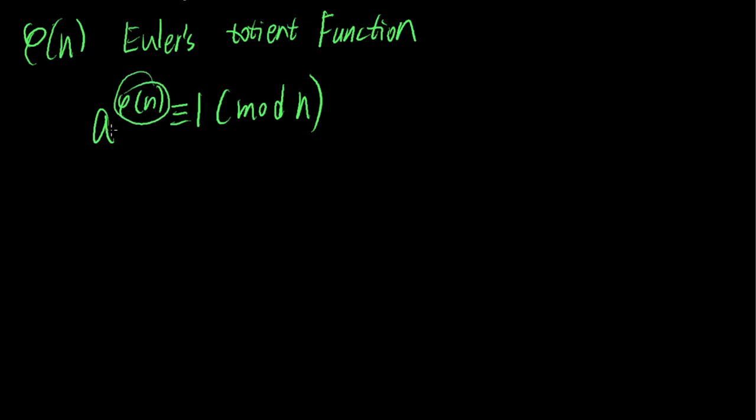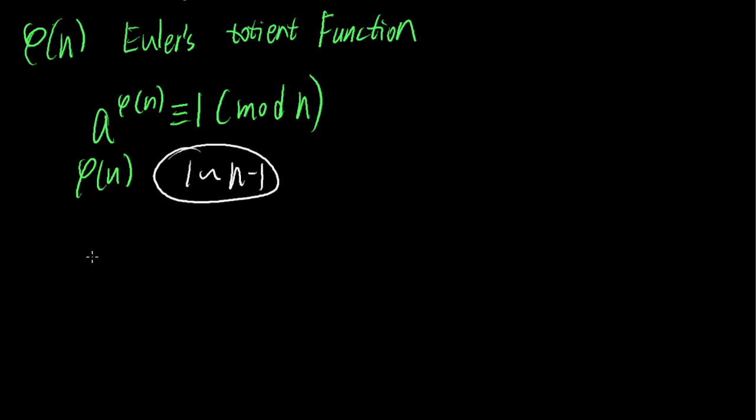And this expression gives us the number of numbers that are co-prime with n in the interval 1 to n minus 1. In this interval, how many numbers are co-prime with n?